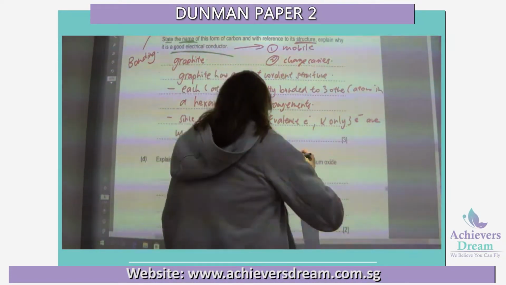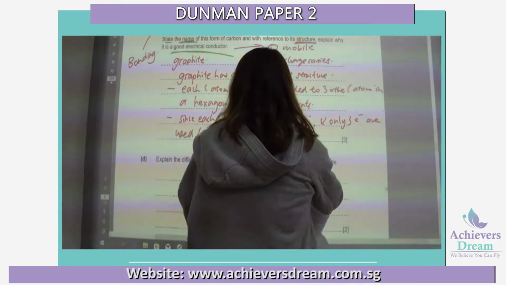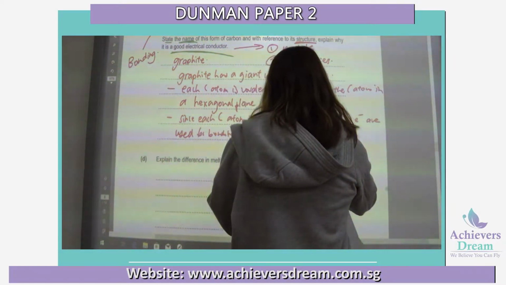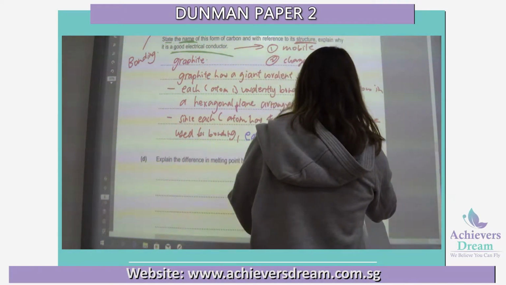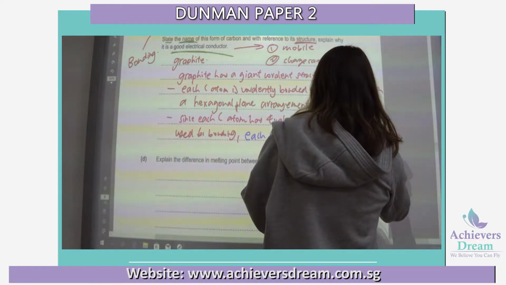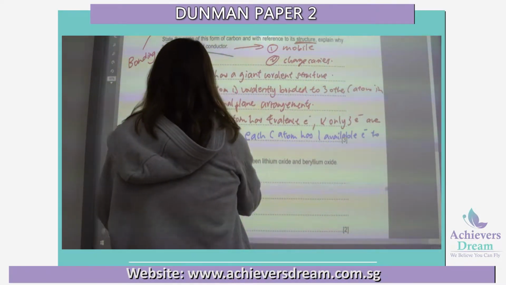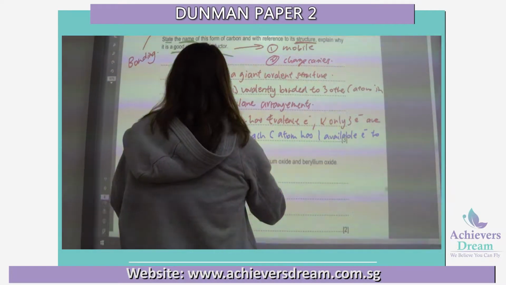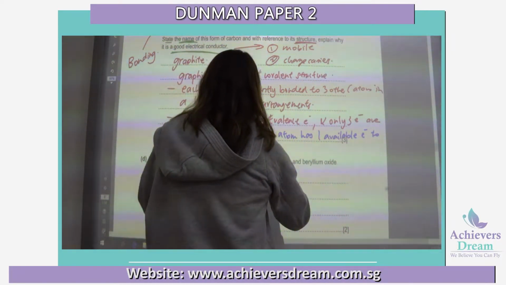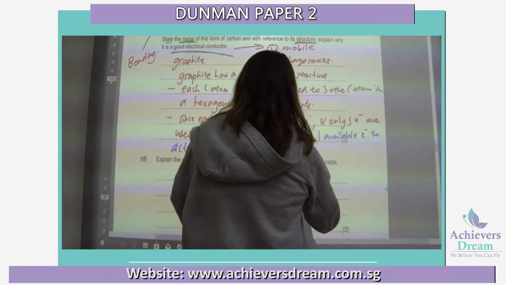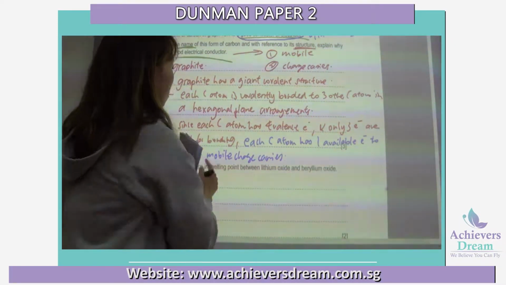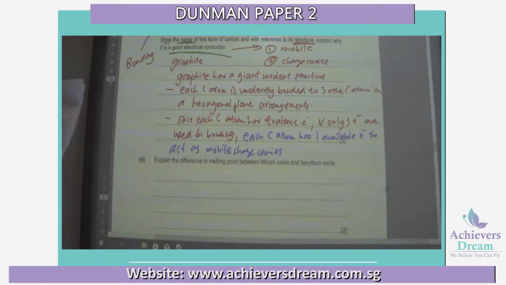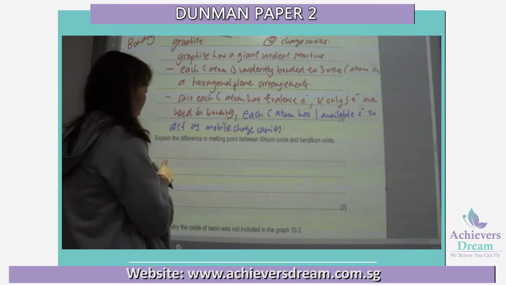It means that each carbon atom has 1 available electron to act as, the keyword is mobile charge carriers, in order to conduct electricity. Okay? Then now for part D.